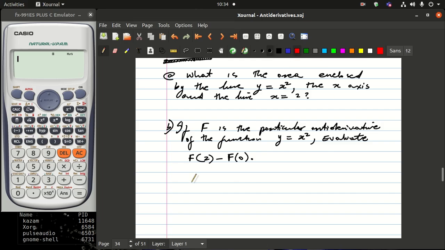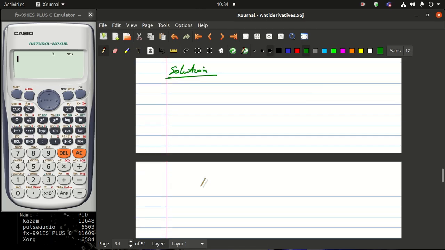So let us deal with the solution here. I'm going to write my solution somewhere there. So we wanted to find the area. The first thing is to first understand the meaning of doing this so that you don't end up getting stuck. What is the area under the curve?